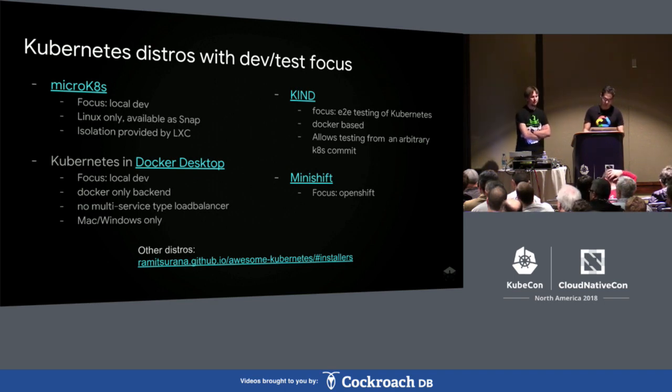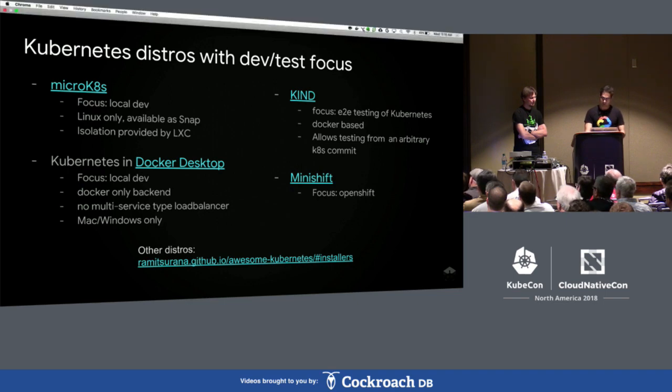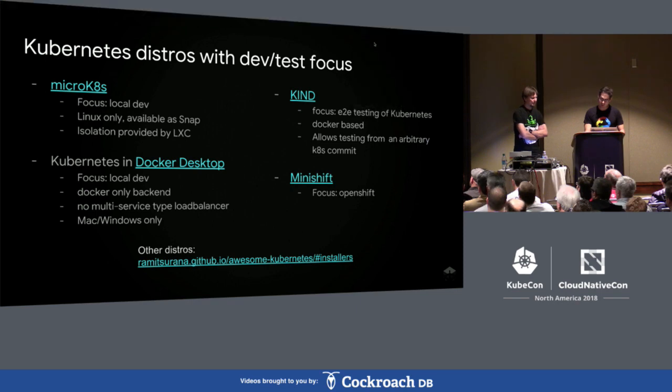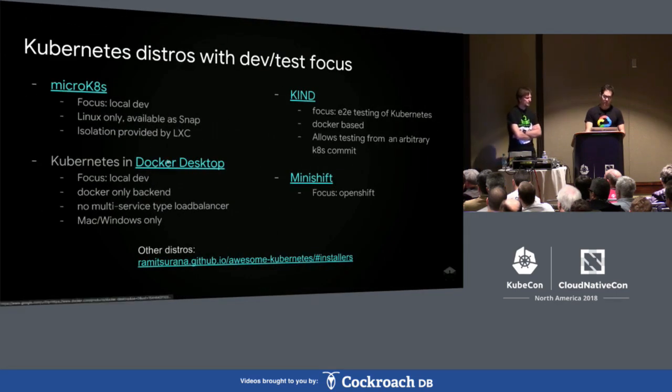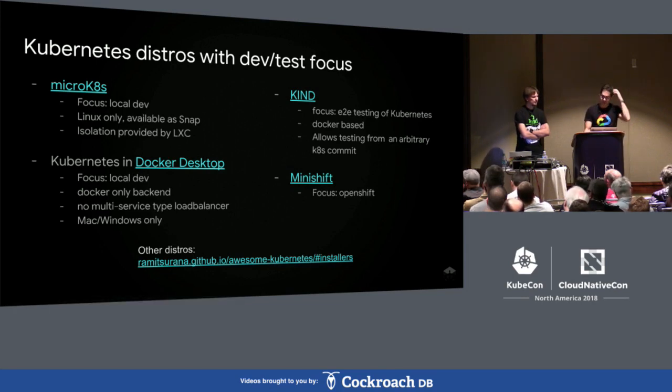Docker for Desktop started to add Kubernetes in their VM, so you can use that. Actually, I might be able to show that here just for a quick show. So yeah, there's Kubernetes there. Docker for Mac and Docker for Windows has this. It is for local development. It's a little bit less flexible than Minikube.